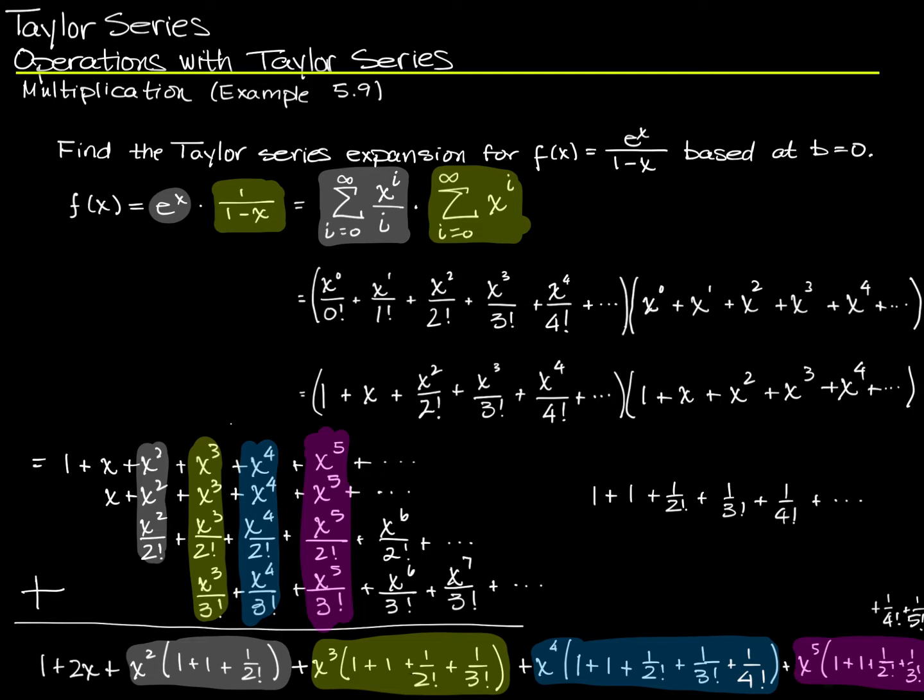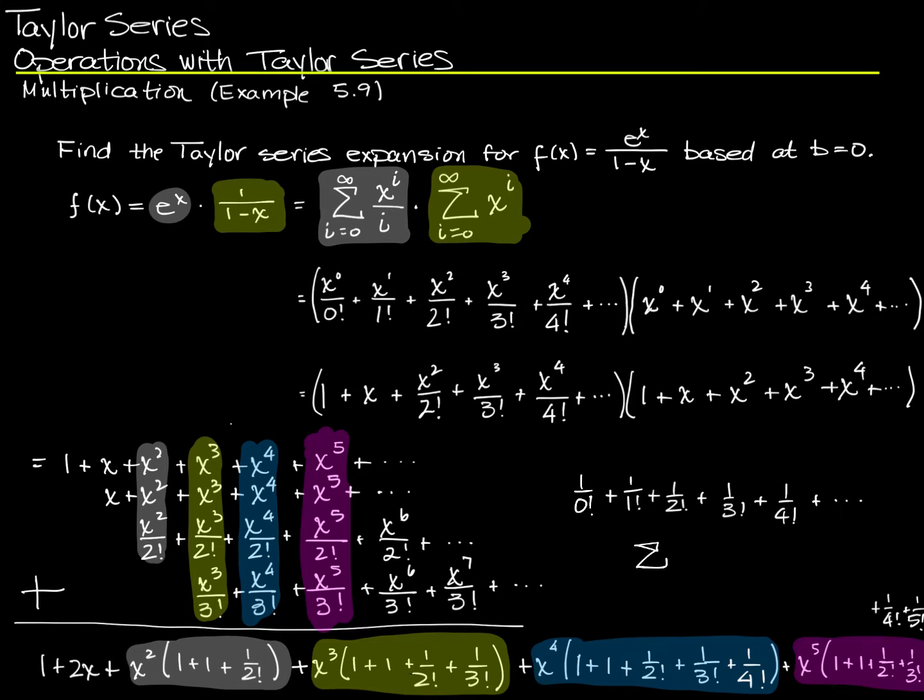Also, remember that 1 can be written as 1 over 1 factorial, and it can also be written as 1 over 0 factorial. So if I want to make the pattern even more obvious, I can do that.